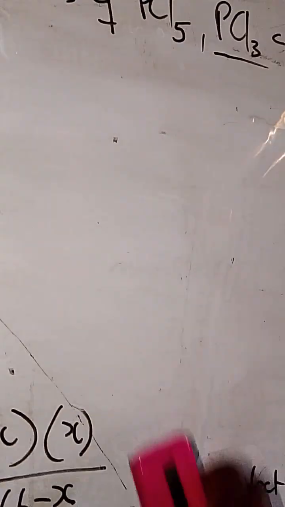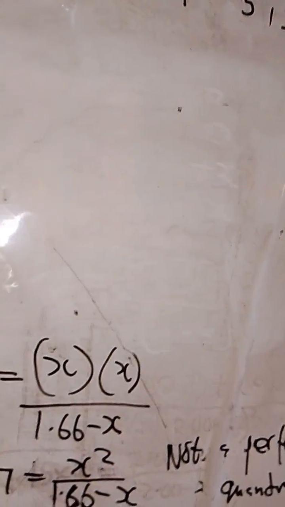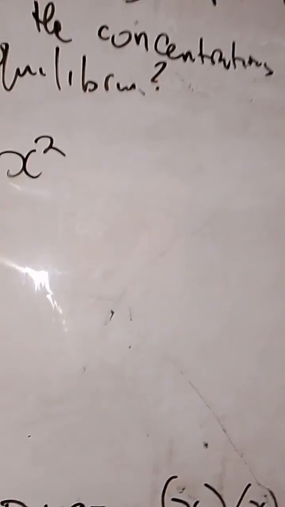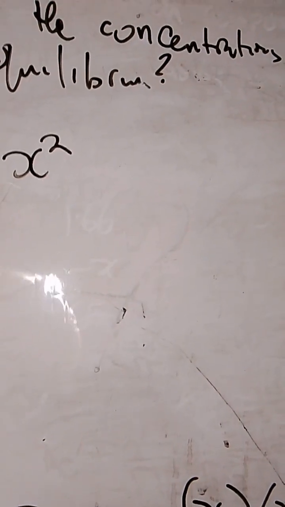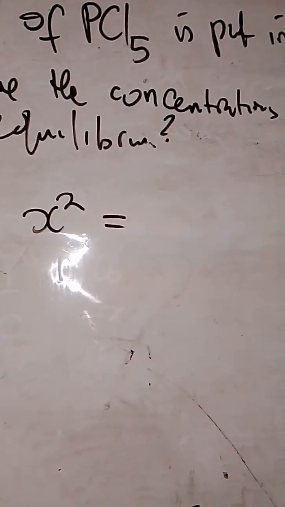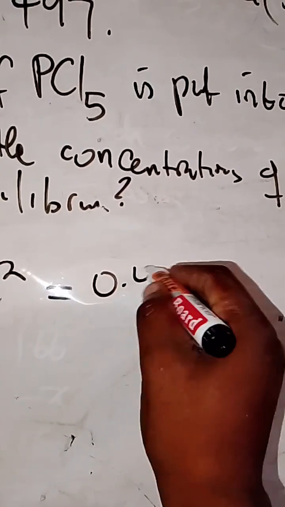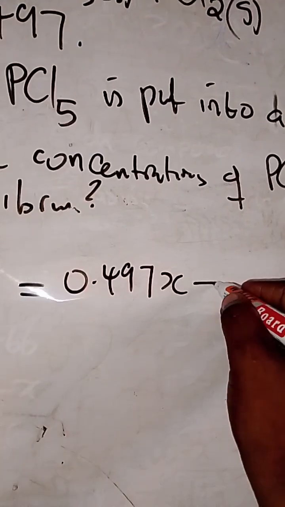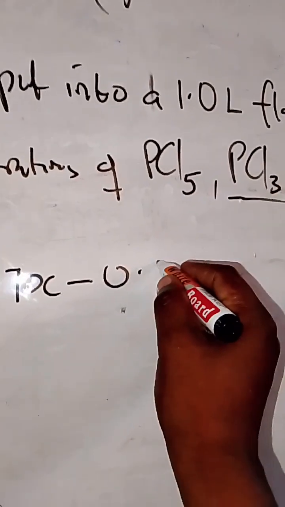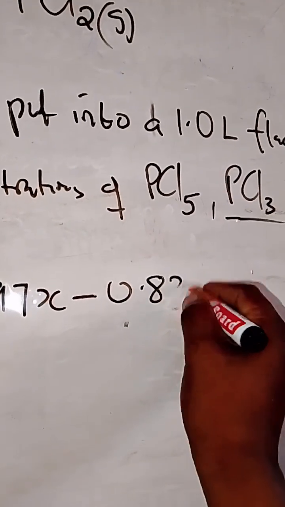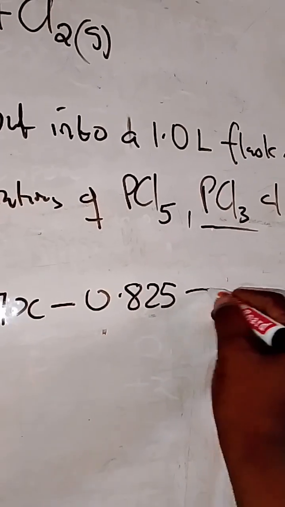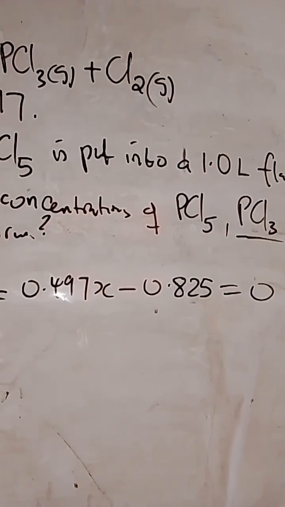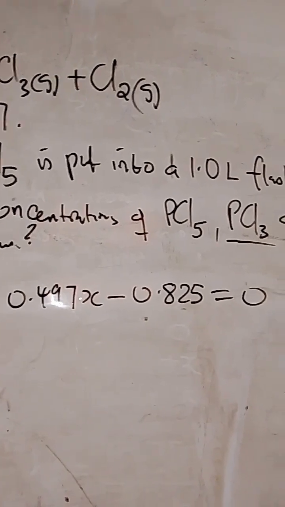So you are now going to cross multiply. X squared is equal to 0.497 times 1.66 minus X, so we get X squared plus 0.497x minus 0.825 equals 0.